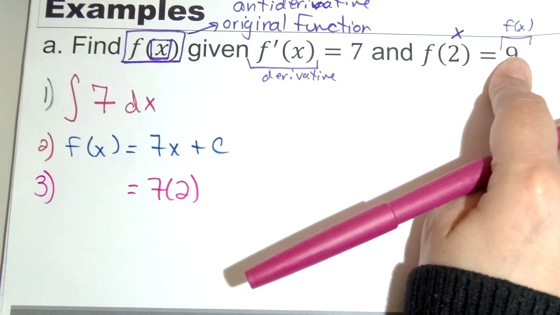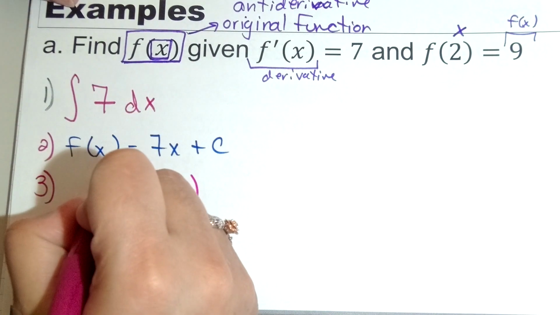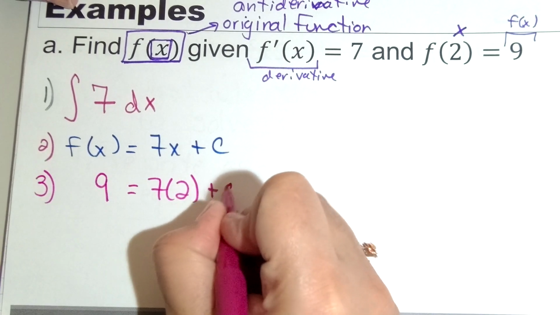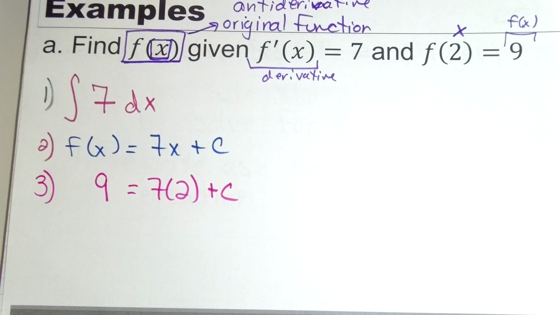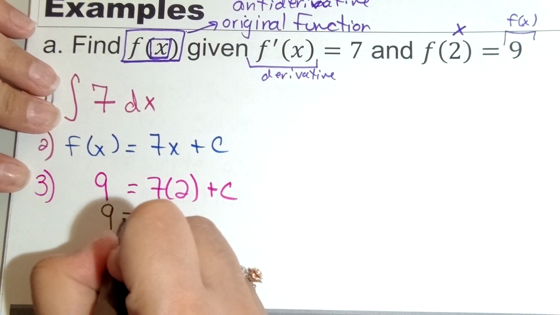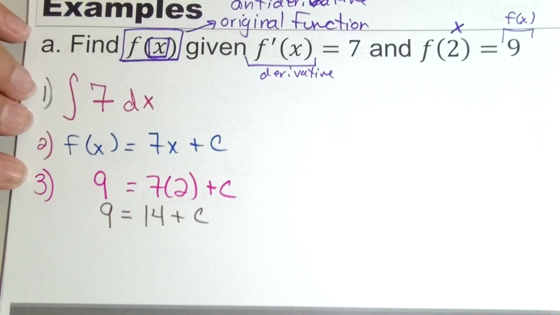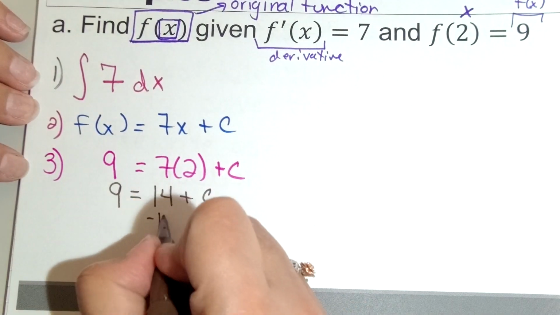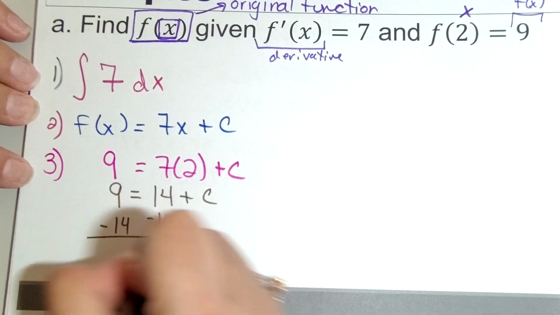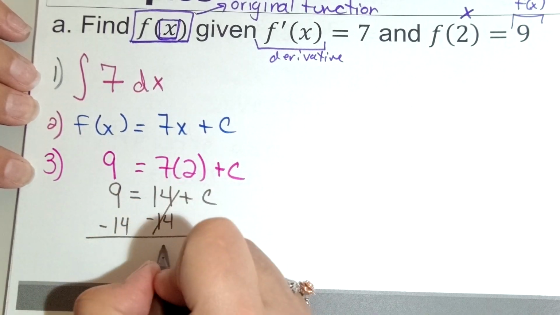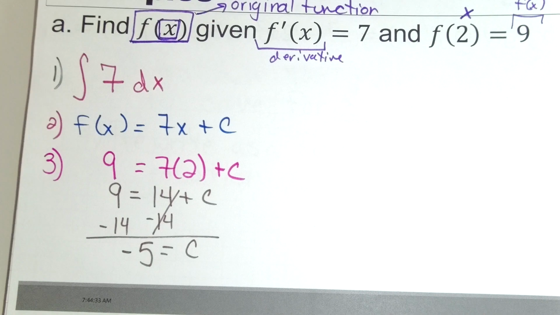This is f of x, so I'm going to substitute in 9 for f of x and put my plus c. And now I'm going to solve for c. This is just algebra. 9 is equal to 14 plus c. Subtract 14 from both sides. C is equal to negative 5.